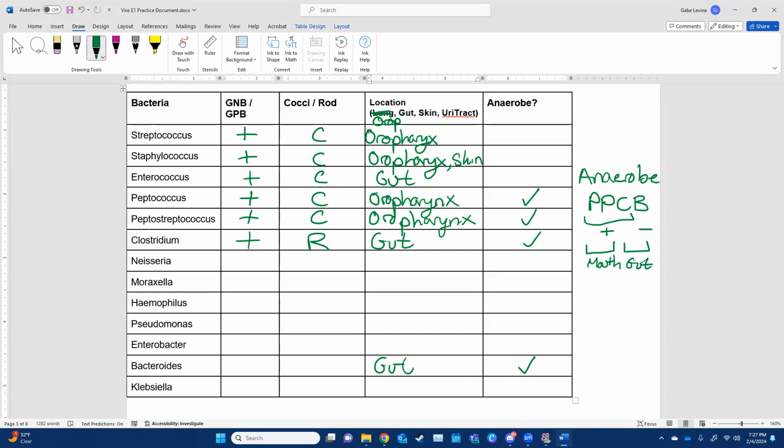All right. What about all these ones down here? Neisseria, Moraxella, Haemophilus, Pseudomonas. Gram negative or gram positive? Gram negative. Which ones are our gram negative cocci?